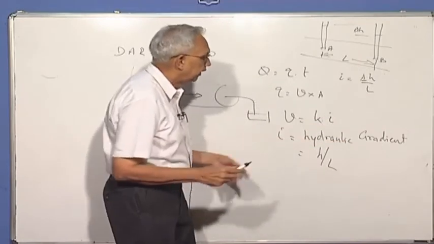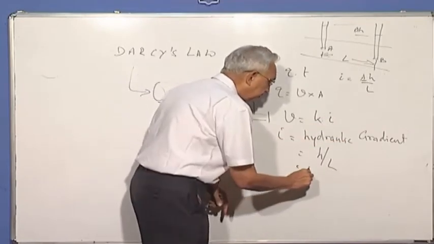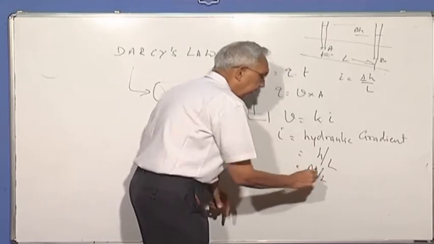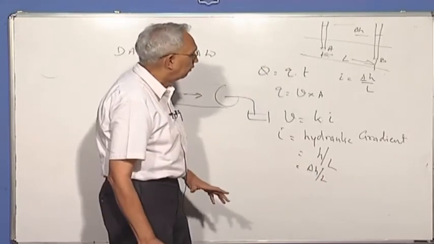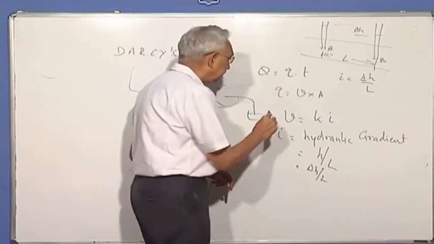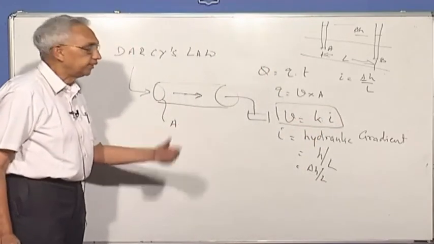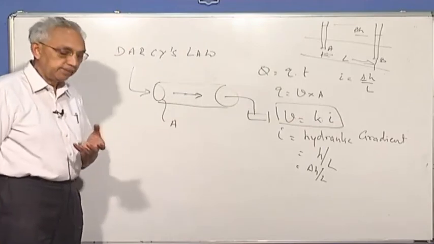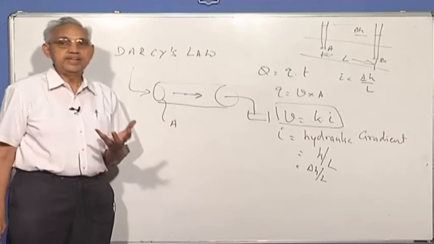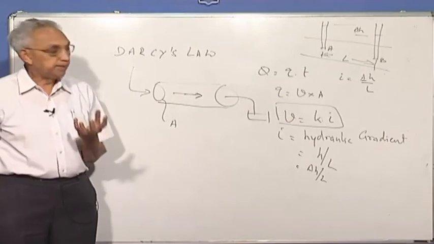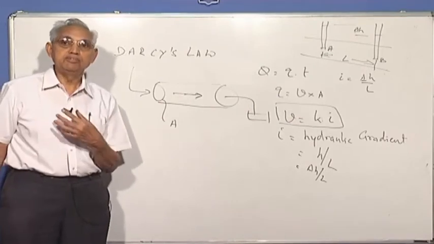So you can say either H by L, or if you are measuring in small terms, you can have delta H by delta L. What he came out with, one of the most famous laws in geotechnical engineering or soil mechanics, is Darcy's Law. I also would like to mention he is credited with the most significant development in terms of even lifespan.